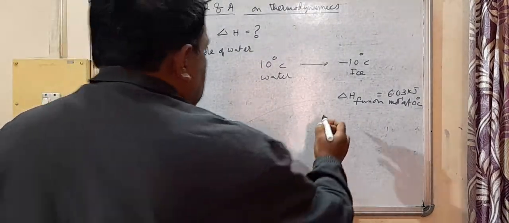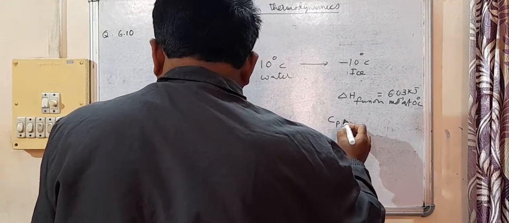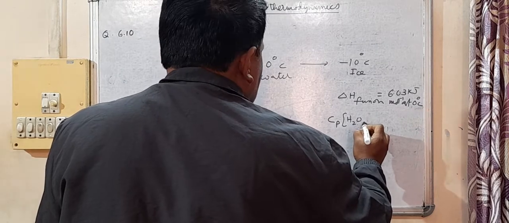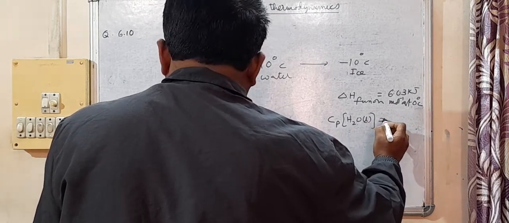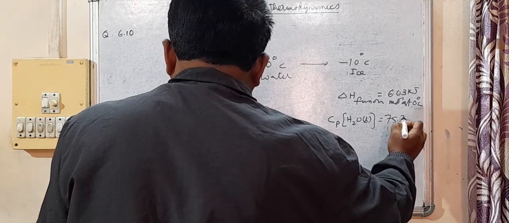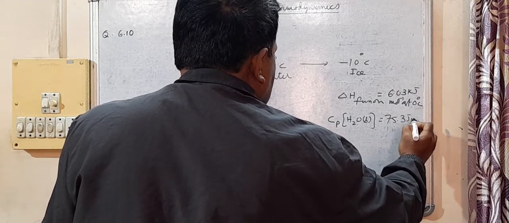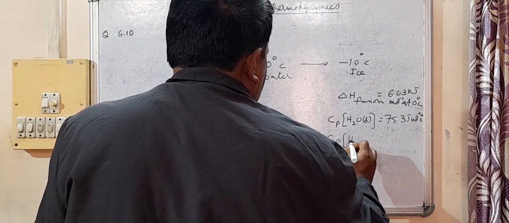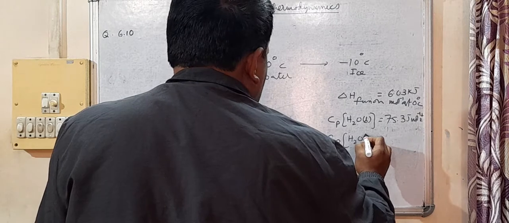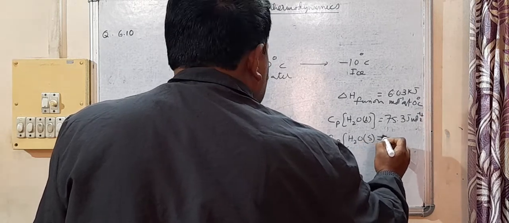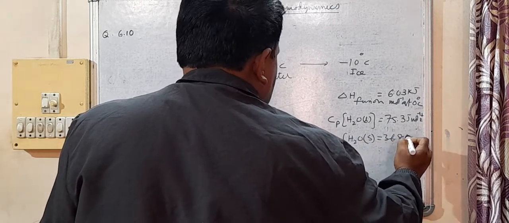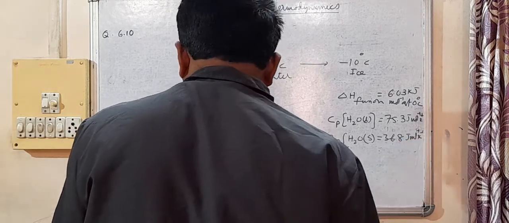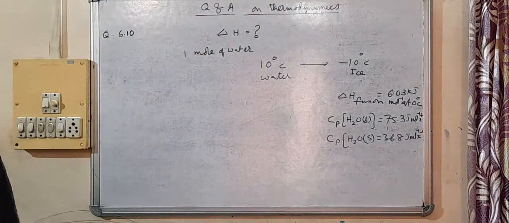And what else is given is Cp for H2O liquid, given as 75.3 joules per mole per Kelvin, and Cp of water solid is given as 36.8 joules per mole per Kelvin. Okay, so these are the things given.